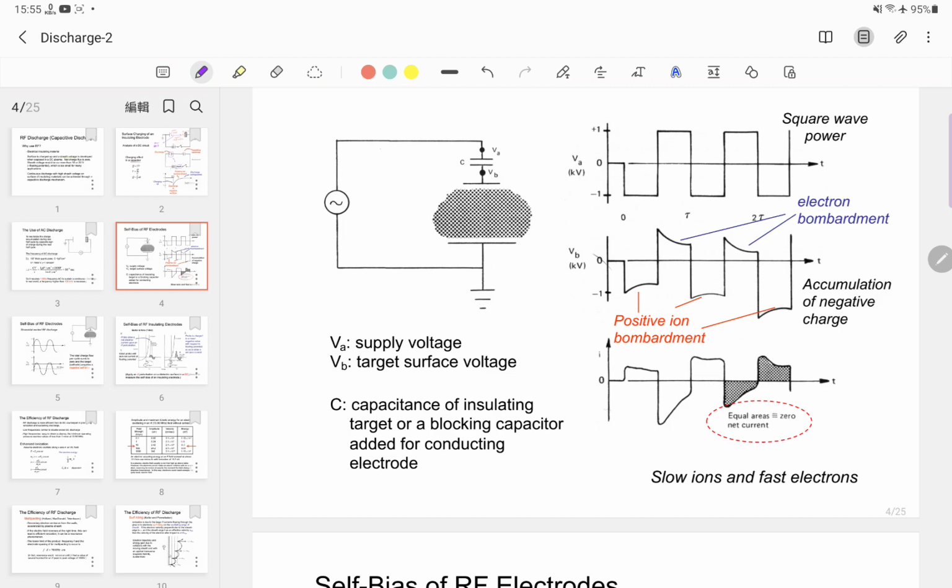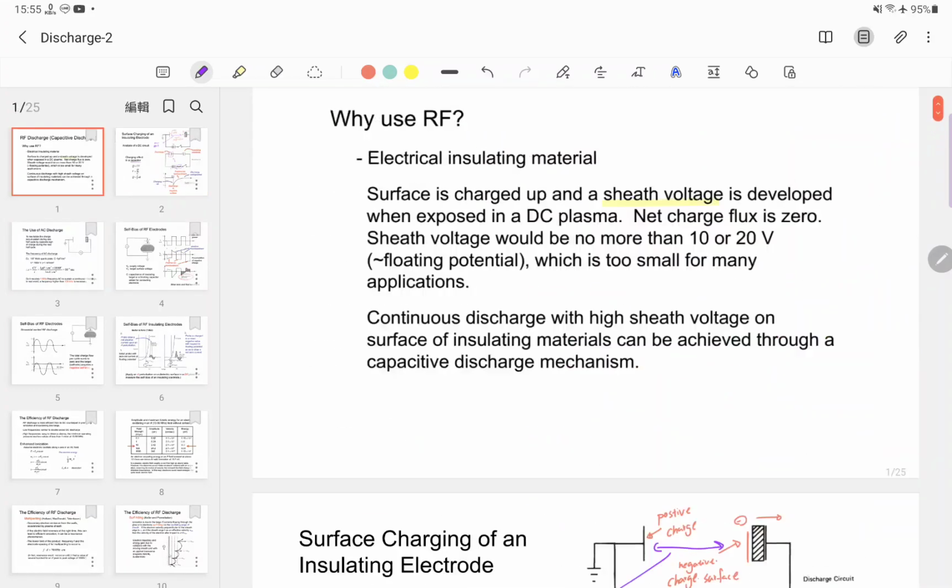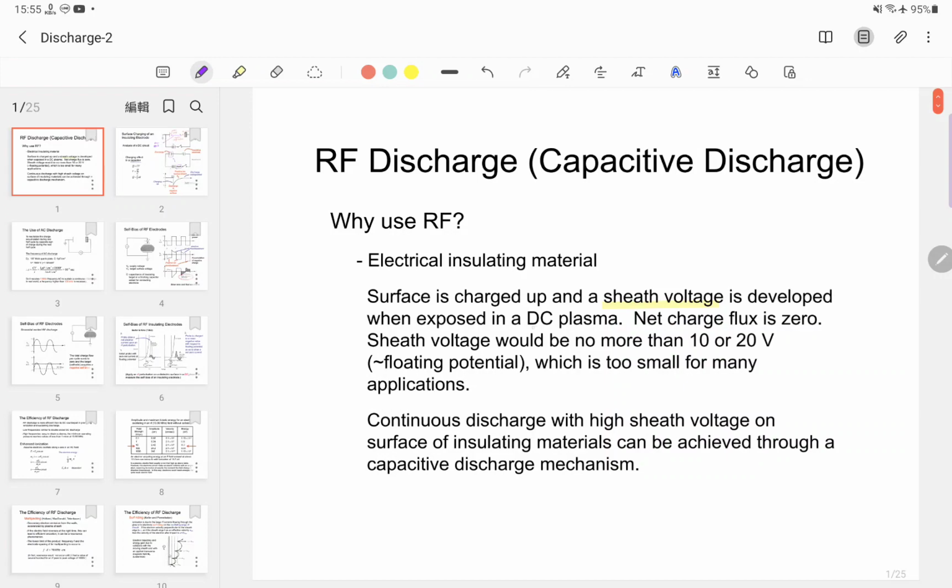Because at the beginning of this class, we already learned that in a DC plasma system, the sheath voltage on the surface of the insulating material is about 10 to 20 volts. It's a little bit higher than the plasma potential, or it is equal to the floating potential.